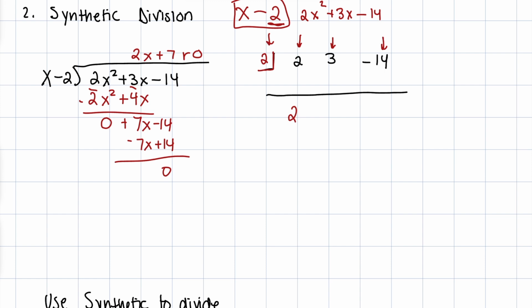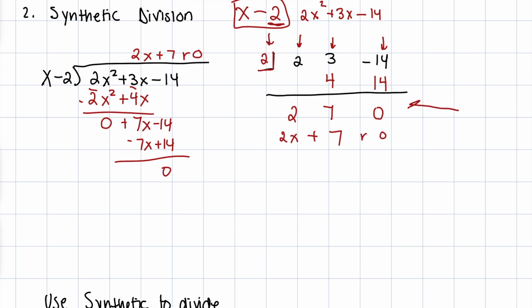Multiply the 2 times the 2, and we'll get 4. Add those together. 3 plus 4 gives me 7. Multiply the 7 and the 2, and we'll get 14. Add those together, and I get 0. And this should look familiar because this is 2x plus 7, remainder 0.